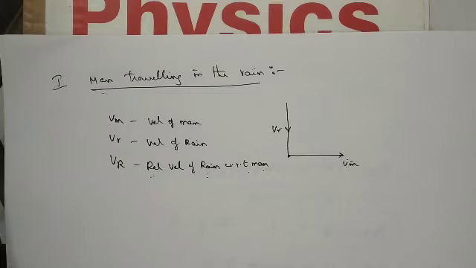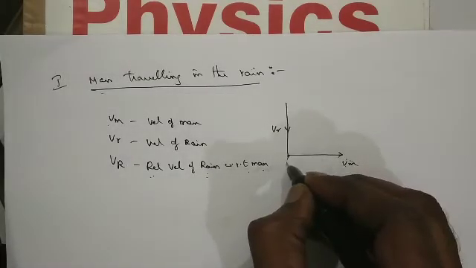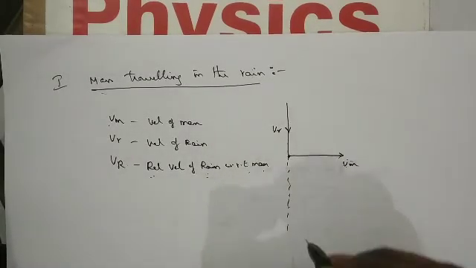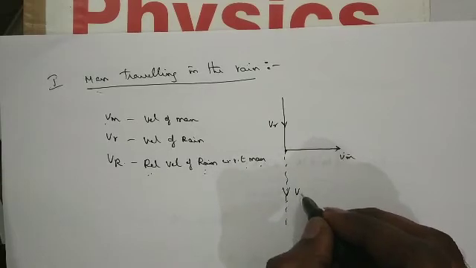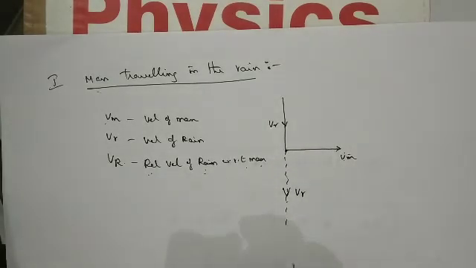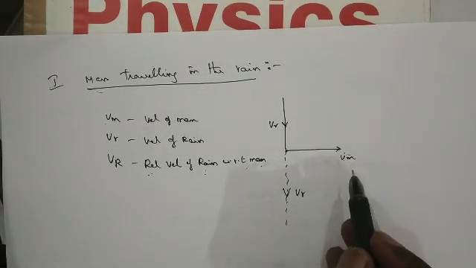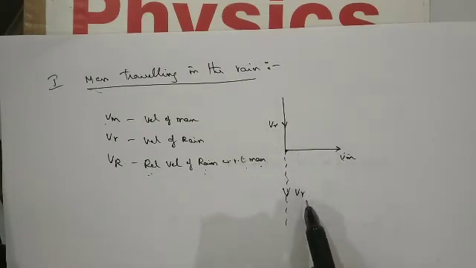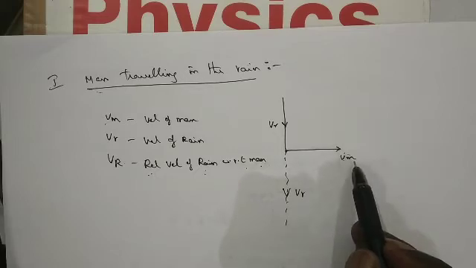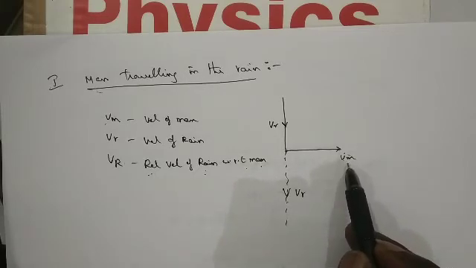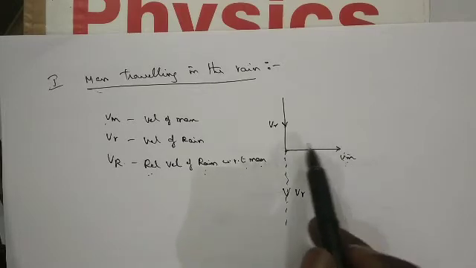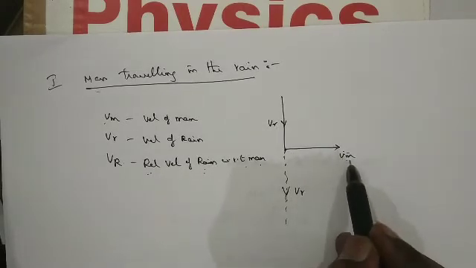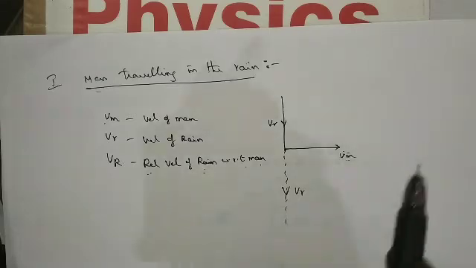Now, first of all, we need to consider the same thing when this rain is going down. That is called Vr. It's all going down. Let us use the same principle here. In order to find out the relative velocity of rain with respect to the man, try to impose equal and opposite velocity of the man on both the man as well as the rain, such that the man will be brought to rest. First of all, bring the man to rest.